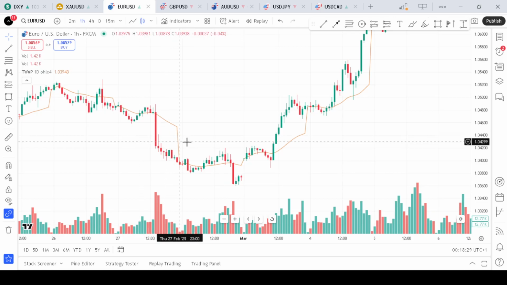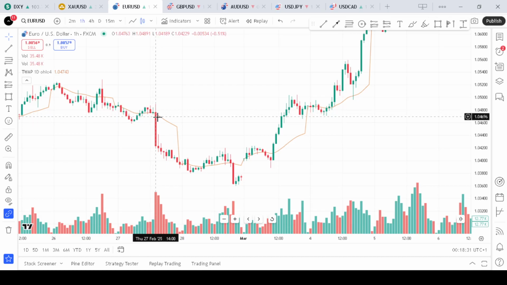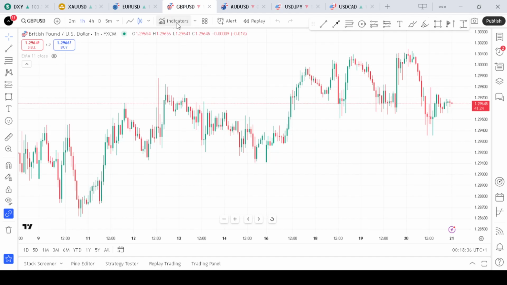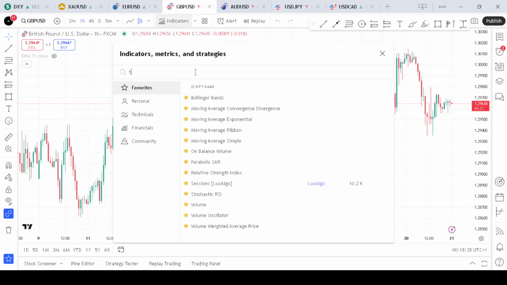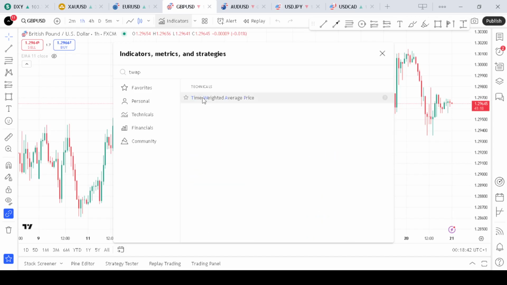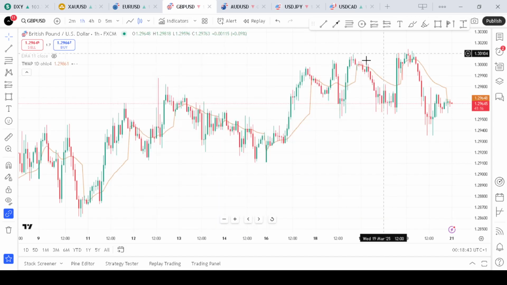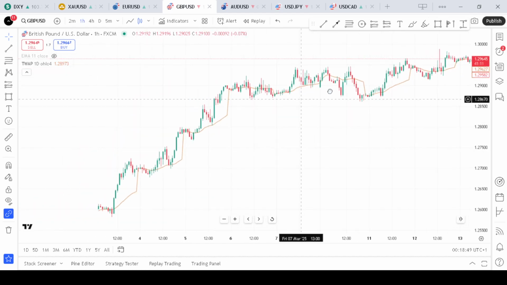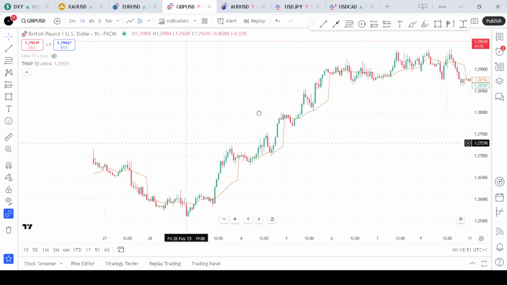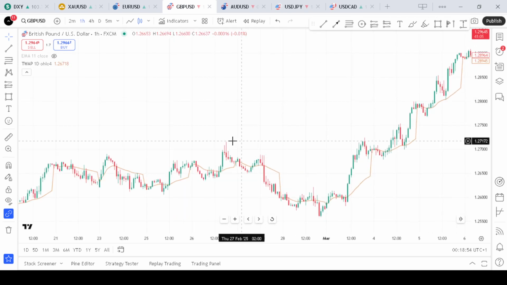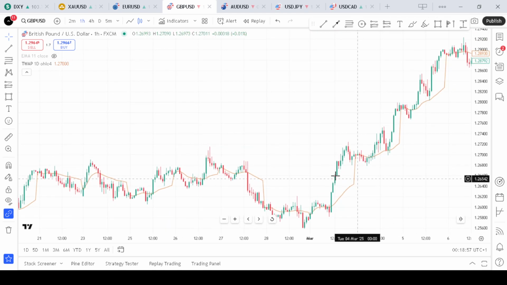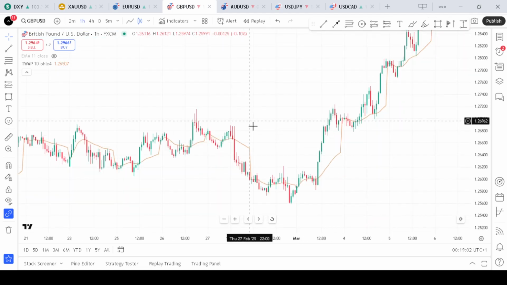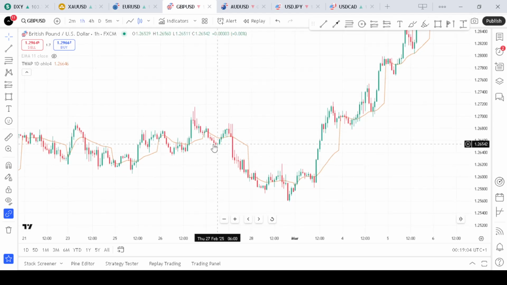So for instance, if you are selling 50,000 units of GBP/USD over 5 hours, put in the TWAP indicator, and you can see this is an hour time frame, you would split it and sell in intervals of 10,000 units every hour.